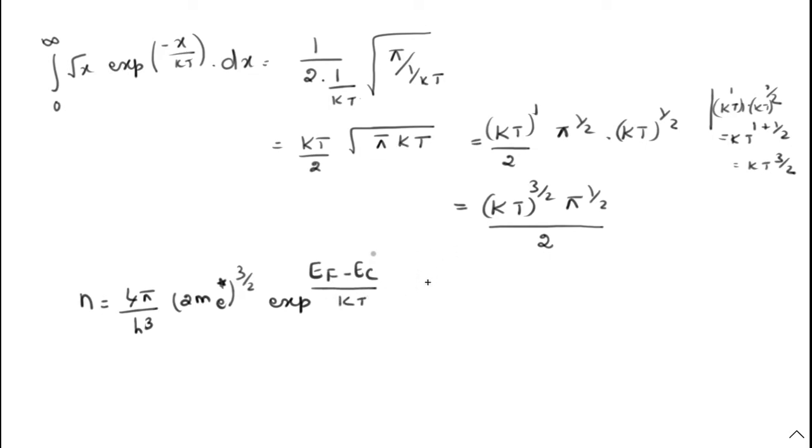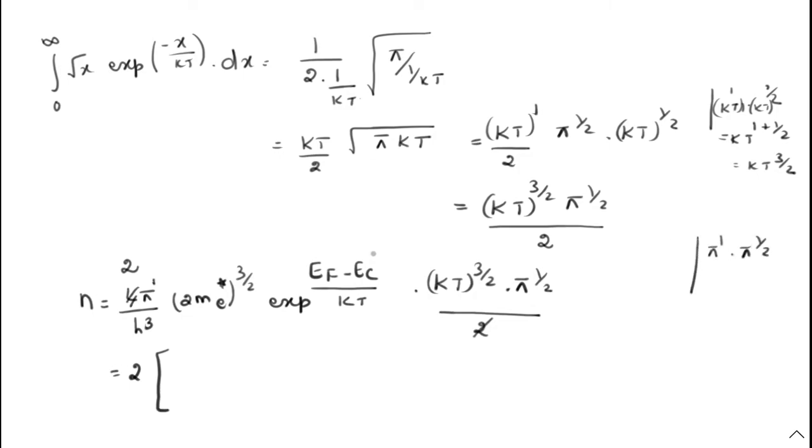For this integration, what is the answer we got? kT power 3 by 2 and then pi power 1 by 2 whole divided by 2. Okay, so this 2 and this 4 can be cancelled, so 2 will be existing here. So now this 2 I am writing outside, and then see here pi power 1 and then pi power 1 by 2. So same thing, pi power 1 into pi power 1 by 2, which can be written as pi power 3 by 2, right?